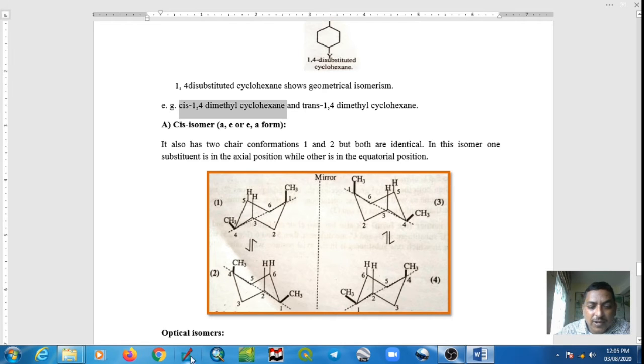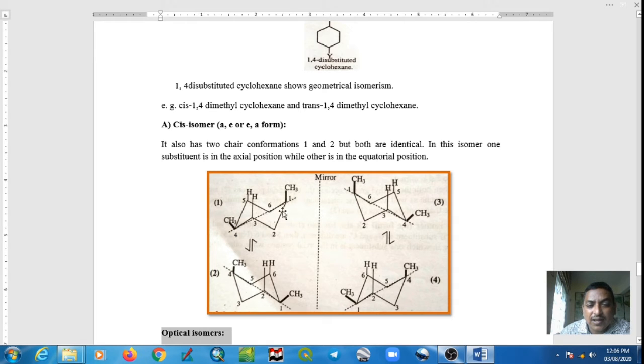Let us talk about its optical isomerism, its optical activity. What do we expect? We expect this molecule to be optically inactive. This 1,4 dimethyl cyclohexane is optically inactive because of the plane of symmetry passing through the C1 and C4 carbons.